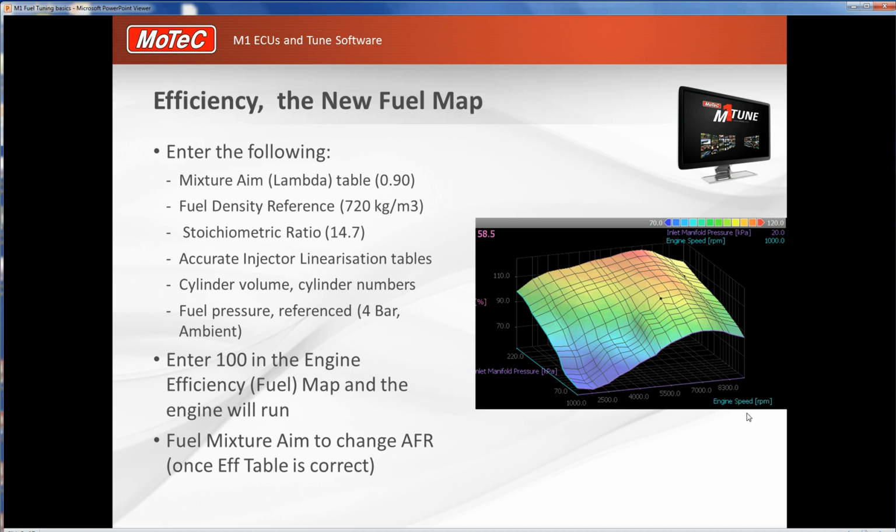Alright, so if you went through that process, and there is a separate webinar on the entire setup of an engine covered by Mark, and you can look at that. But if you enter that basic information, enter 100 into the engine efficiency map, the engine would actually run straight away.